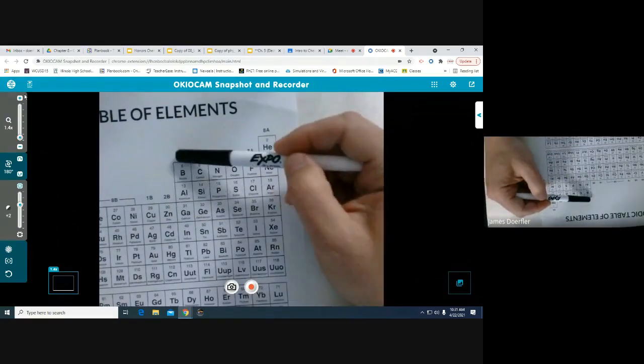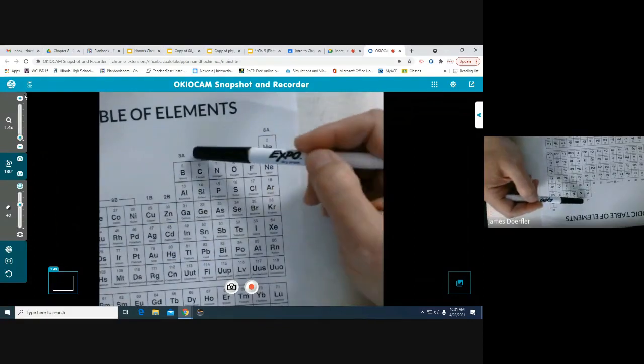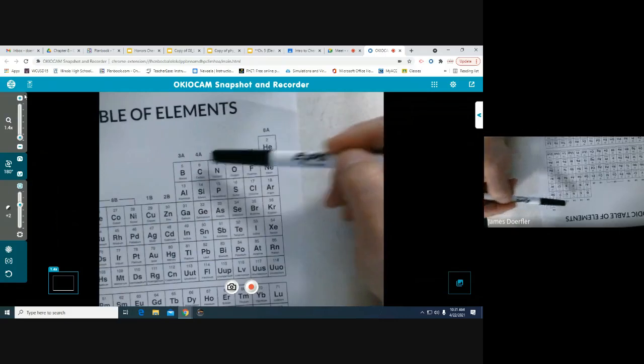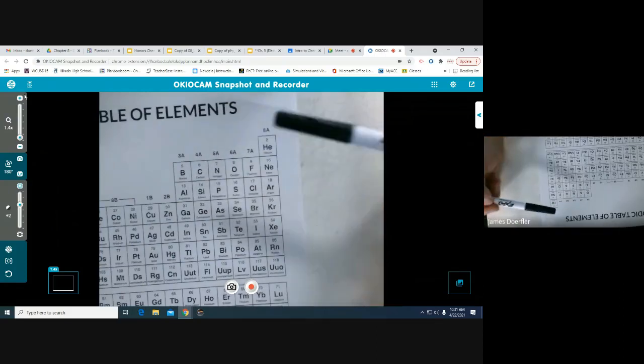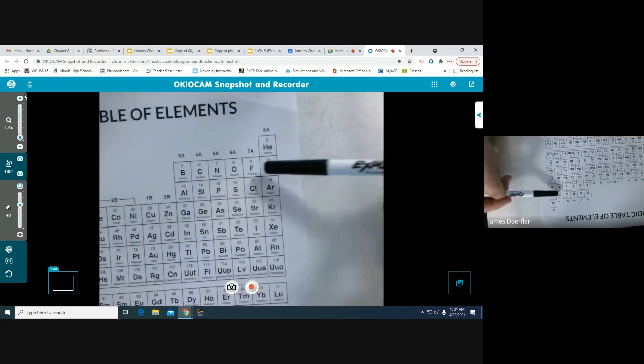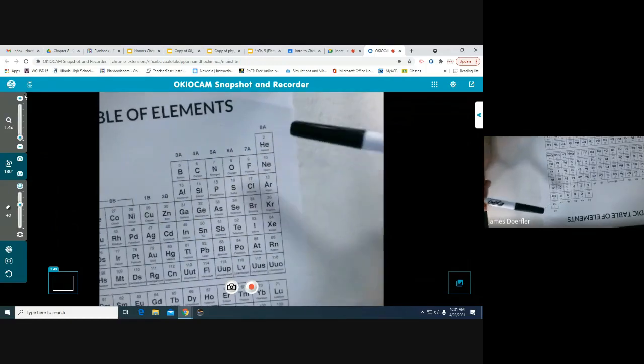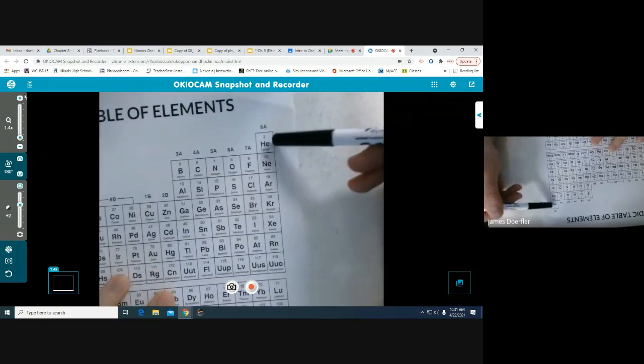What I want you to do is above boron, write 3. Above carbon, write 4. Above nitrogen, write 5. Above oxygen, write 6. Fluorine, 7. And the noble gas column, 8. With an exception. Helium does not have 8.